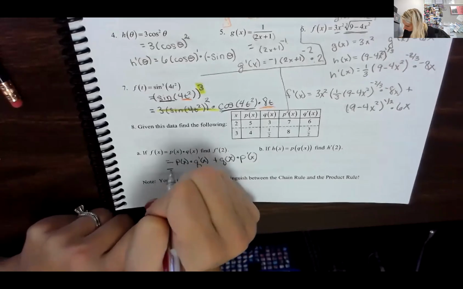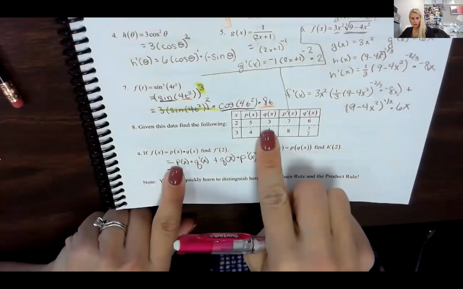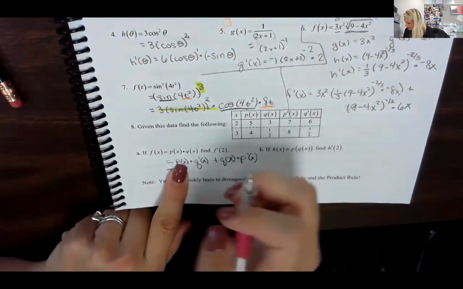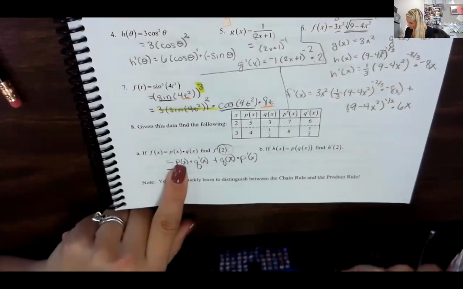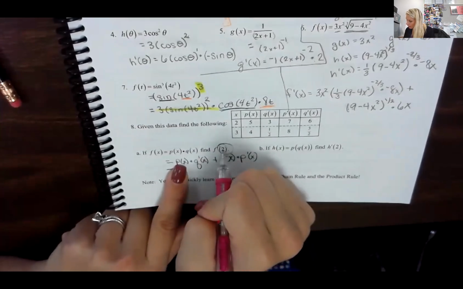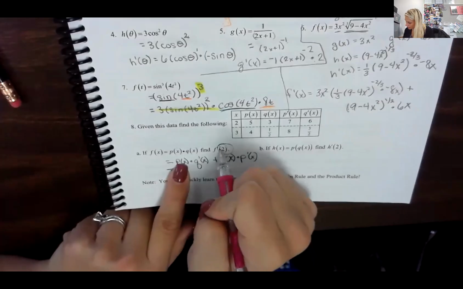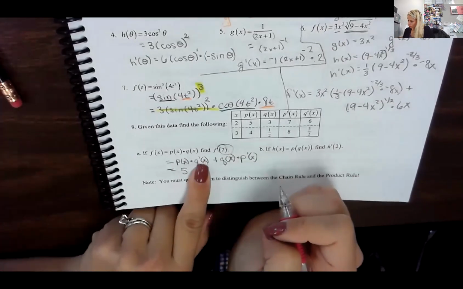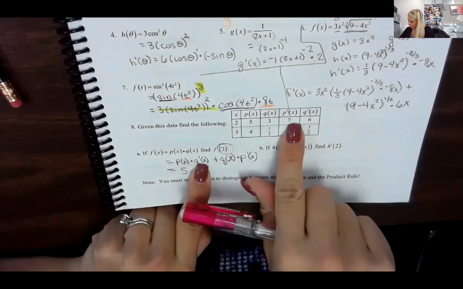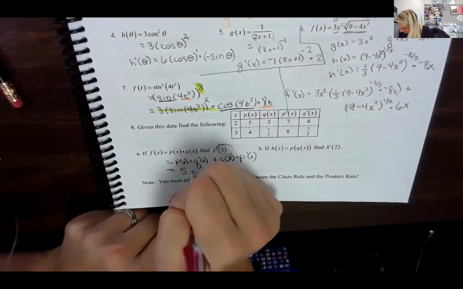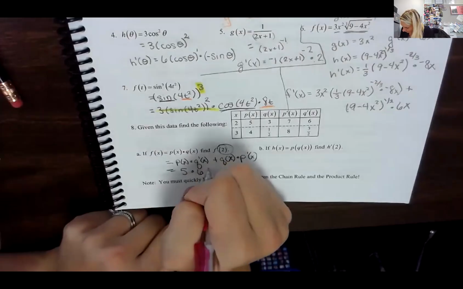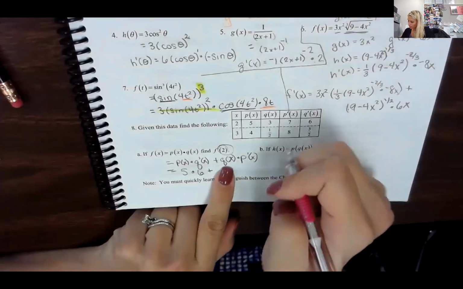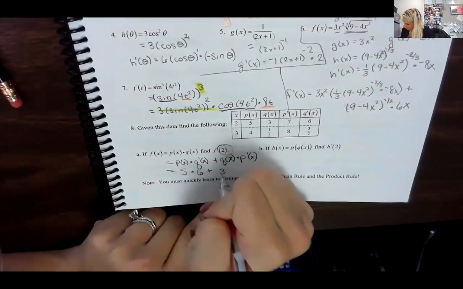So that would mean we want to go to this chart. So P of X, because we're dealing with 2. P of 2 is 5. Q prime of 2 is 6. Q of 2 is 3.